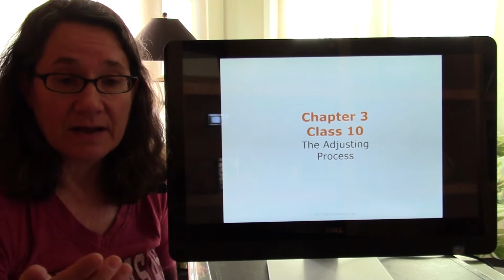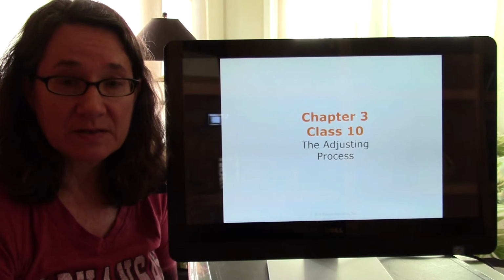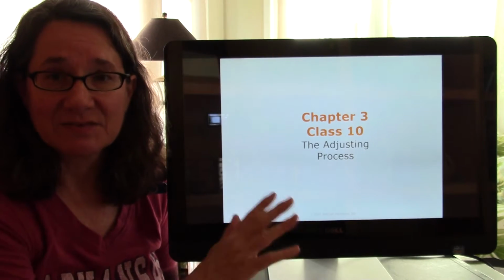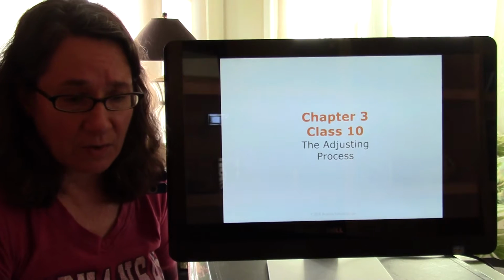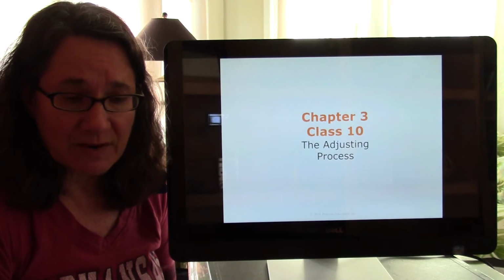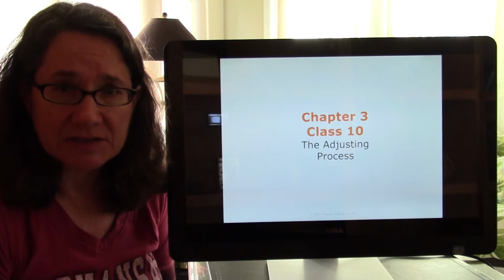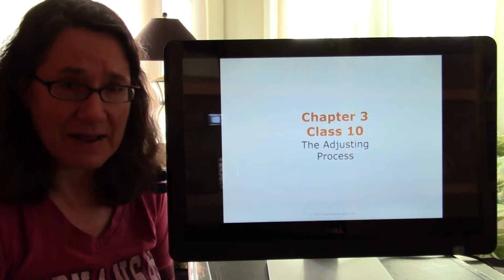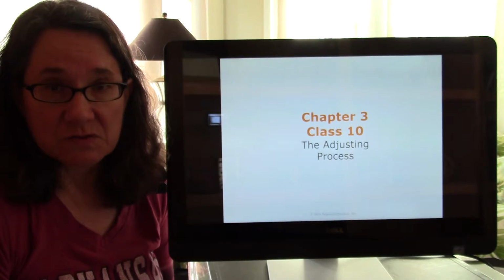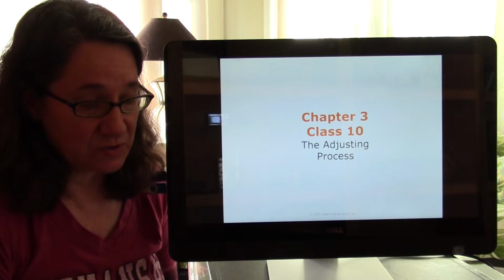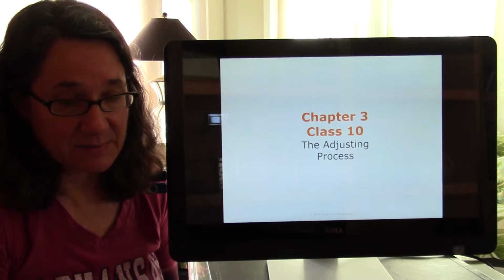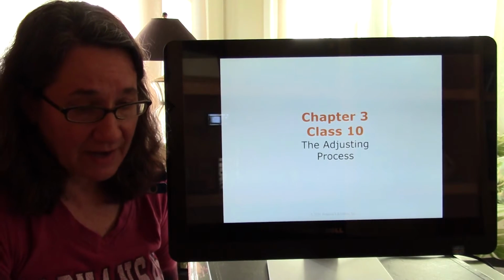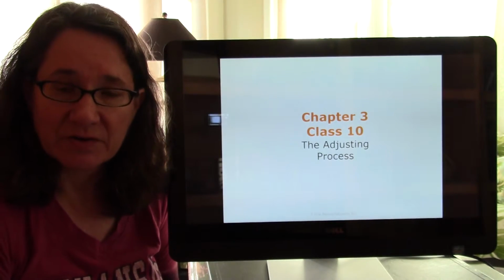Maybe we have used up some supplies, and even though we paid cash for them a year ago, we're just using them up now, so we need to expense them now. So we're putting the revenues in the correct period when we actually earn them, and we match our expenses to those revenues as we're using up our expenses. So that's what the adjusting process is about. It's making our accounting match what's actually happening during the period.